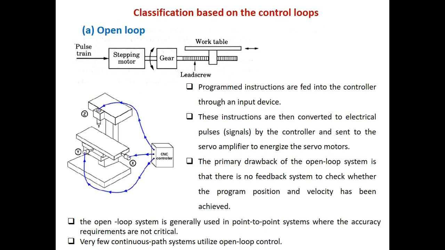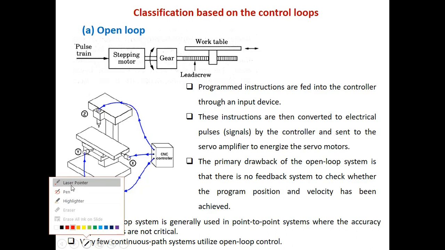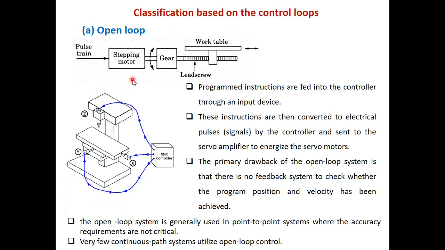To understand open loop, let's see this first figure. You can see this first figure consists of an input, a stepper motor to which a gear is attached, and a lead screw on which the table is mounted. The program instructions are given through the controller to the stepper motor.